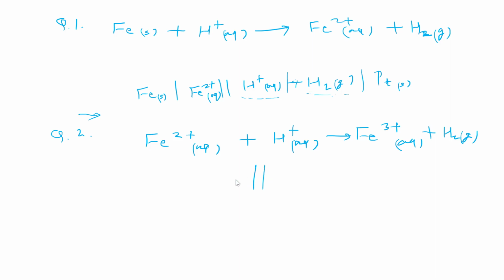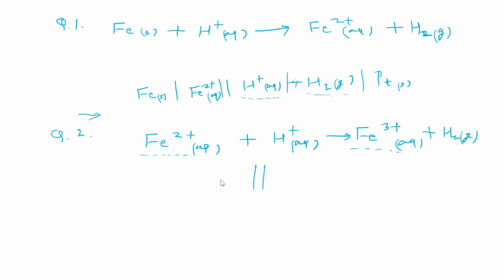First we make these two lines. Then, if we want to represent the aqueous species in the anode half cell, there are two species present, Fe2+ and Fe3+. So which species do we write first, and which on the left hand side? Can you say?